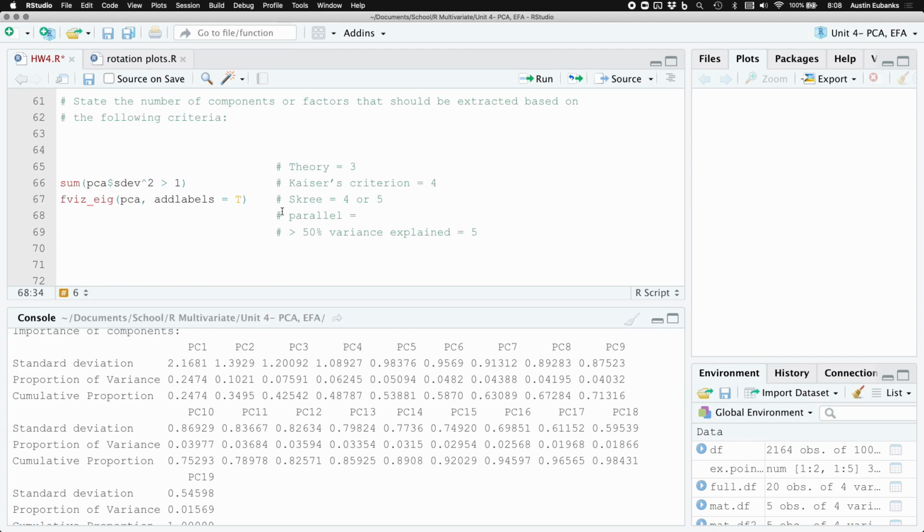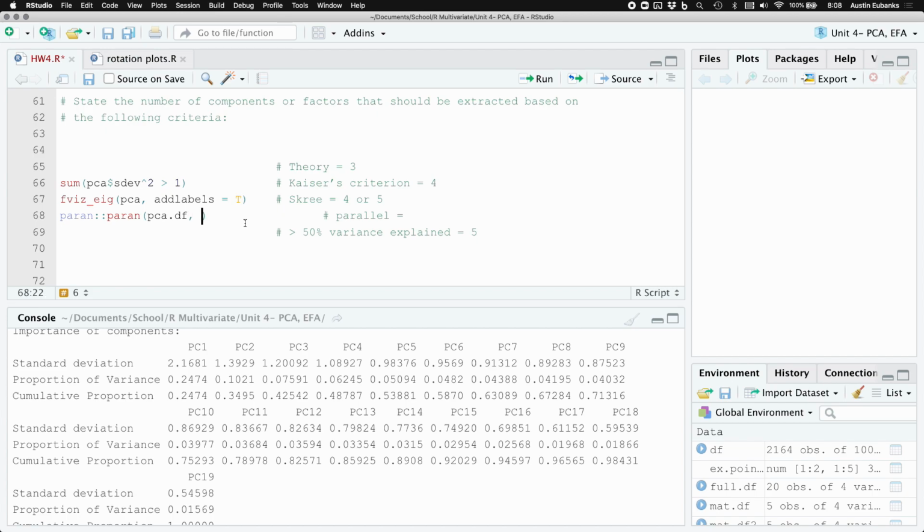And then we're going to look at our parallel analysis. For the parallel analysis, that's where the paran library is going to come in. The function is called paran from the paran package. We'll give it our PCA df, which remember is just the subset of the 19 variables itself.